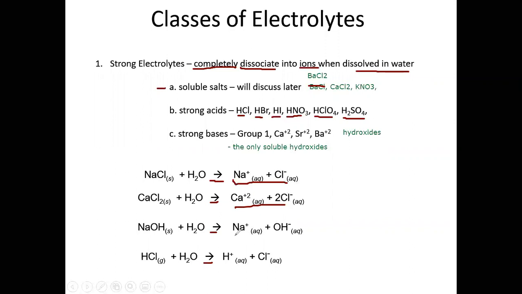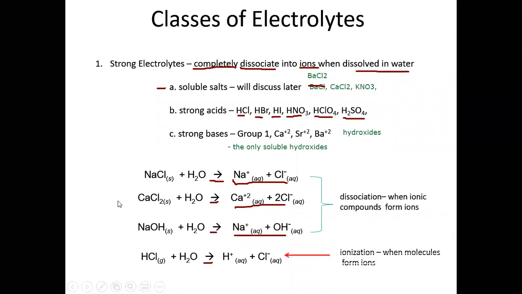Now for these salts and the hydroxides, we refer to this as dissociation. But since acids are made up of molecules, we refer to it as ionization. So you may hear the term ionization when referring to acids because acids are molecules and then they break apart and form ions, whereas ionic compounds are made up of formula units.